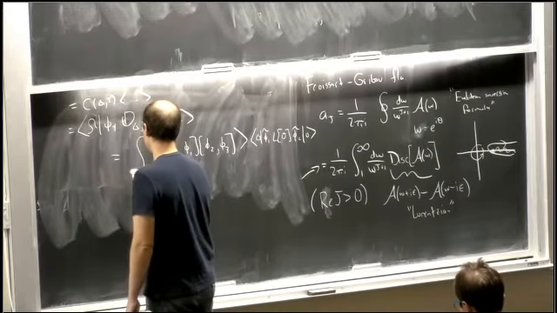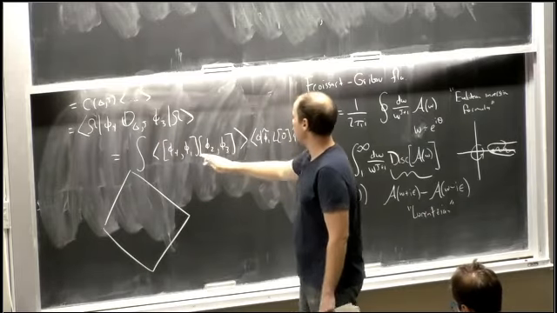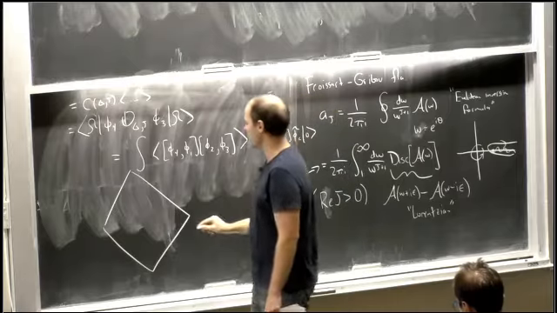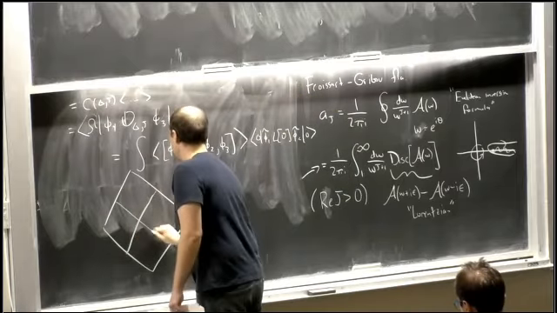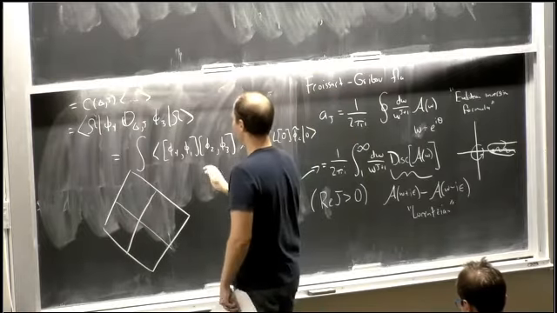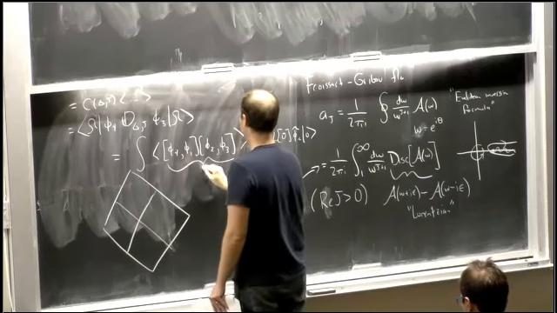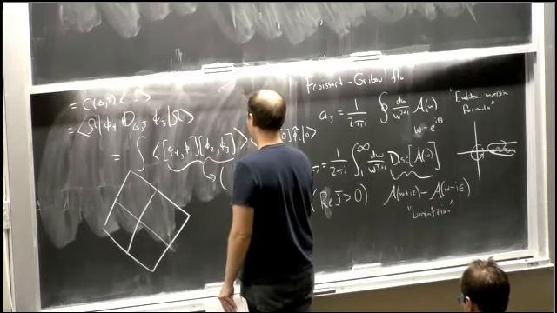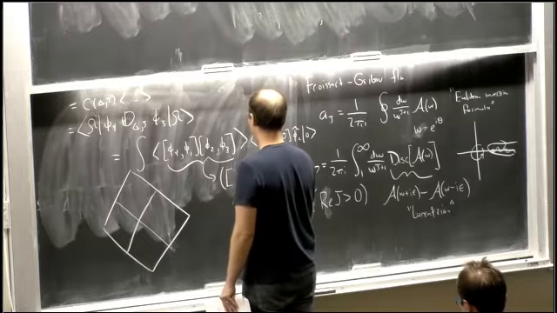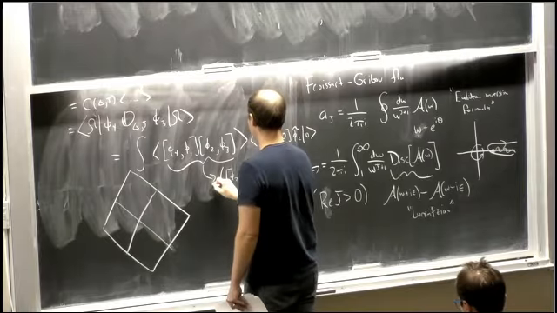So the idea is that if 1, 4 and 2, 3 are in a Rindler symmetric configuration, then you can think of this thing in terms of our Rindler inner product. So this thing becomes the Rindler inner product of the commutator with itself, up to a minus sign.